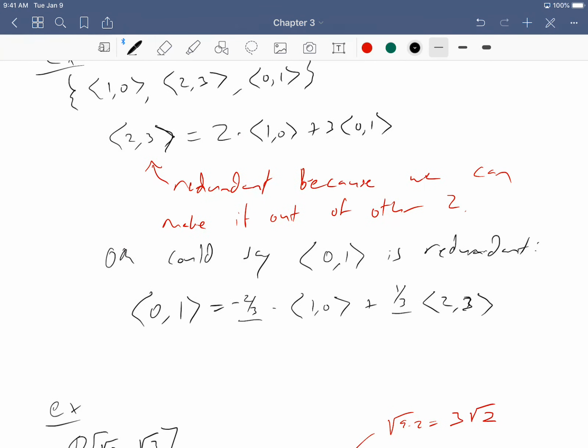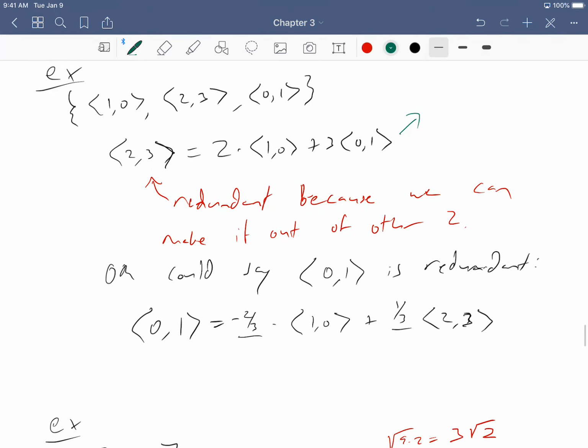So the reason why is because these equations that I wrote down where we were showing what was redundant, they could all be rearranged to look like that. So I could make this say 2 times (1, 0), plus 3 times (0, 1), minus 1 times (2, 3) is (0, 0). Okay, and this one, same deal.